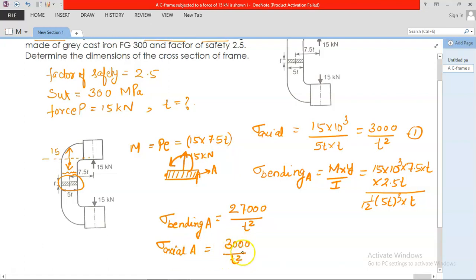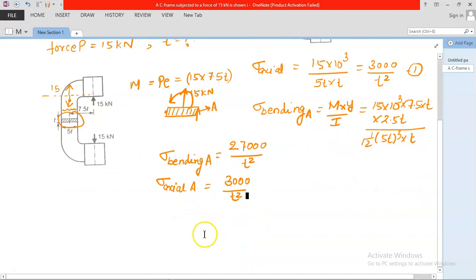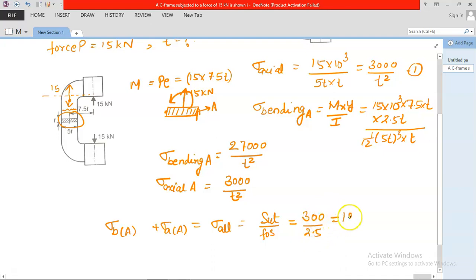Now we add sigma bending at A plus sigma axial at A, and that is equal to sigma allowable, that is SUT divided by the factor of safety. SUT is 300 and the factor of safety is 2.5, so this value comes to 120.